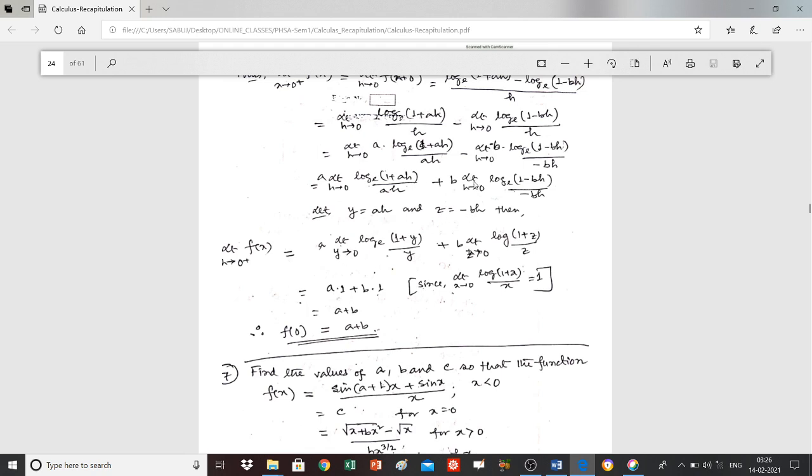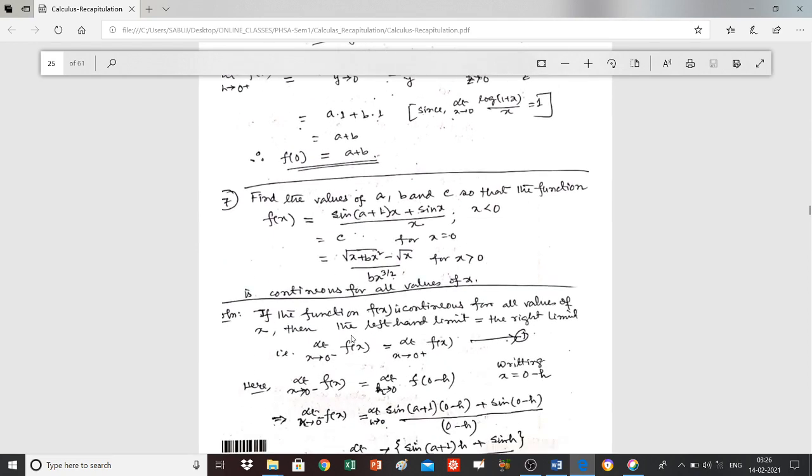So from this expression, limit h tends to 0 plus f(x) is equal to a times limit y tends to 0 of log(1 + y)/y, plus b times limit z tends to 0 of log(1 + z)/z. That is equal to a into 1 and b into 1, because you know that log(1 + x)/x is equal to 1. So the right hand limit is a + b. Since it is continuous, this is also the value of f(0). So f(0) is equal to a + b.